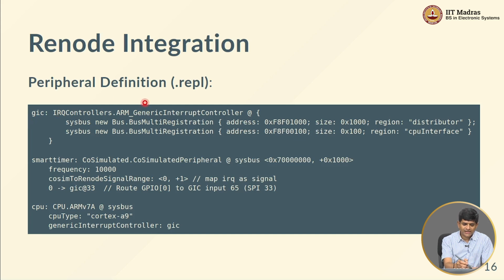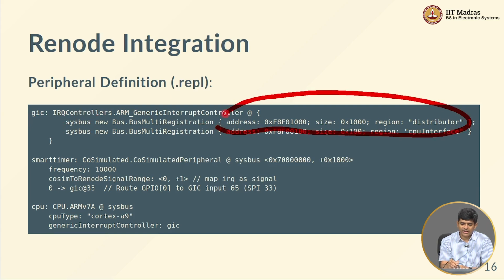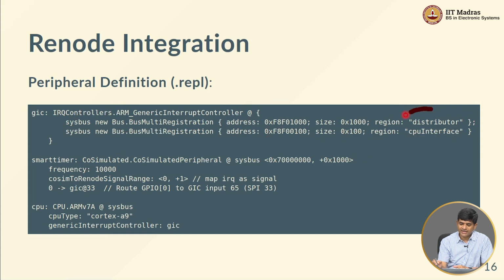So the GIC itself contains this information saying that this is the type of interrupt controller, it is connected on the sysbus and it has these particular addresses, this is the distributor, this is the CPU interface and so on, the GICD and the GICC. So all of these in other words basically tell us how to connect this particular thing to the CPU.